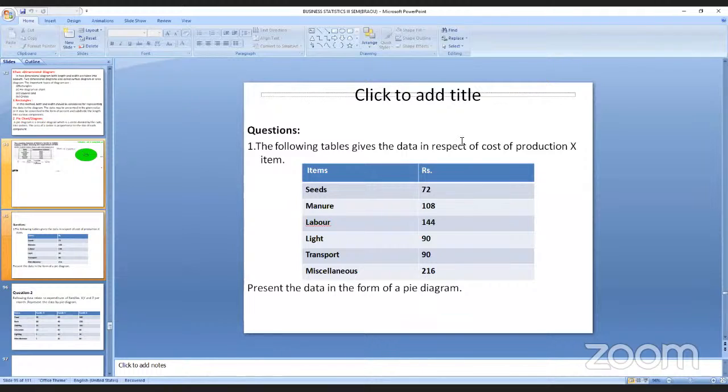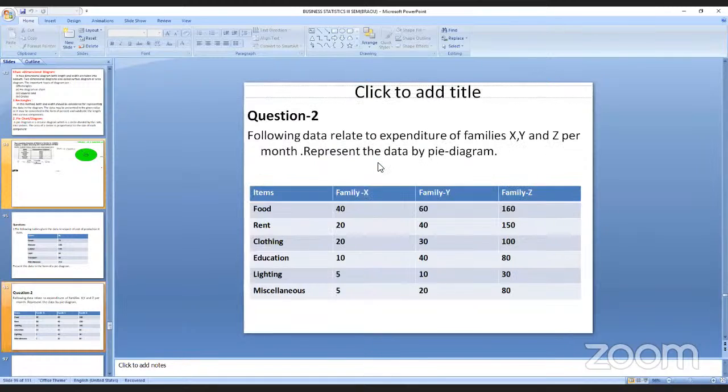Next, take this one. Homework you have to do. This one is also homework. In this question, it is representing three families.